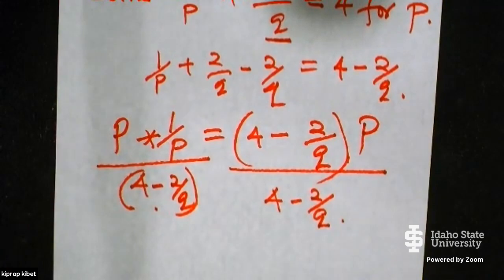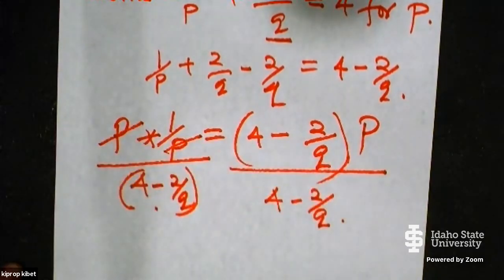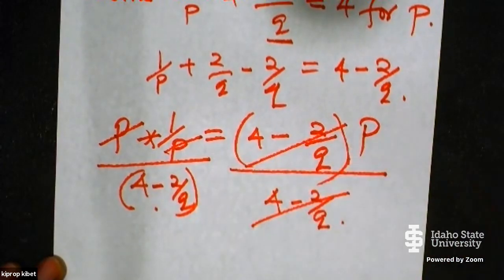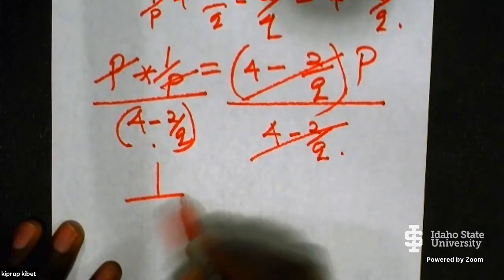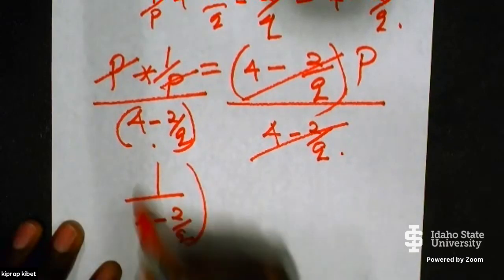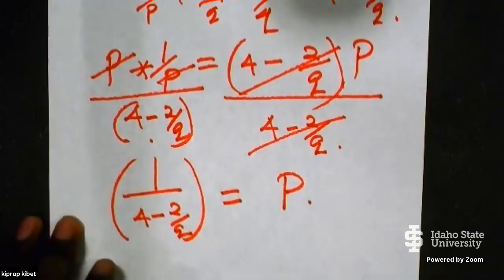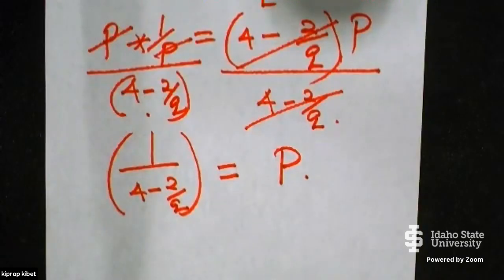When you multiply this, that will be 1, and because you're dividing, this becomes that. So what remains is 1 all over 4 minus 2 all over q equals to what? Or because you were just doing it like this.